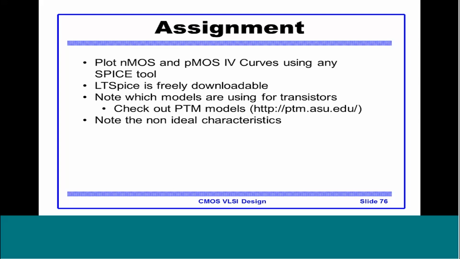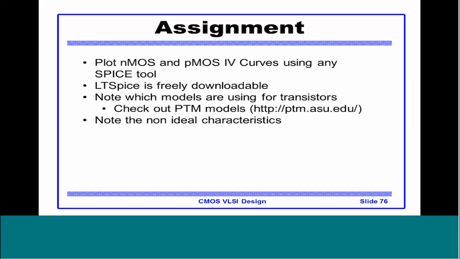Please note that in SPICE, an NMOS will always have 4 terminals, but its characteristics will depend on what model it's linked to. For example, it can be linked to a BSIM version 3, or it can be linked to a PTM 65 nanometer. Depending on what SPICE model it's linked to, it will exhibit those kinds of IV curves.